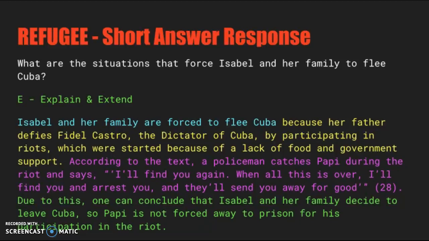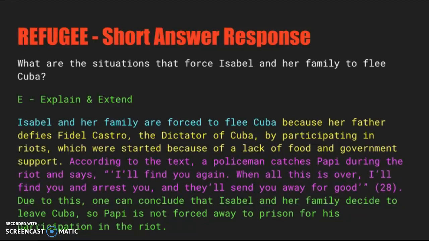So, due to this, one can conclude, that's our interpretation stem, that Isabel and her family decide to leave Cuba, so Poppy is not forced away to prison for his participation in the riot. Okay? And so that's how I get to my answer, and I prove it with my text evidence and my explanation.